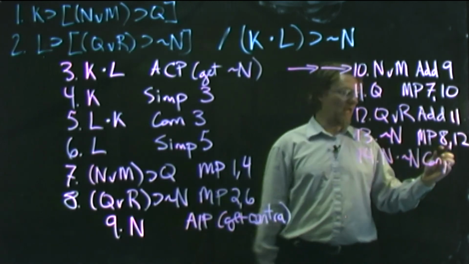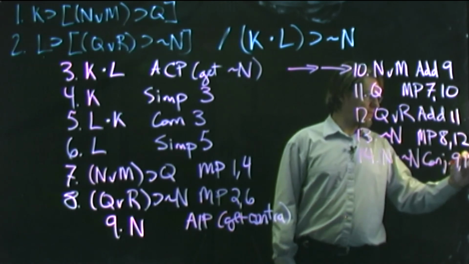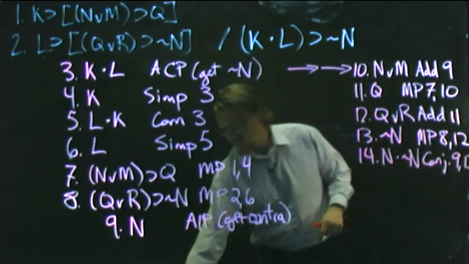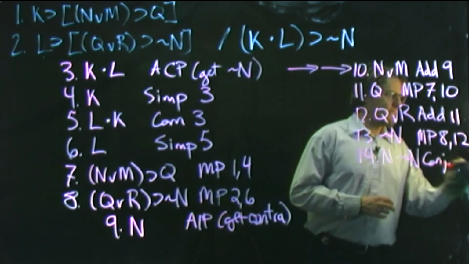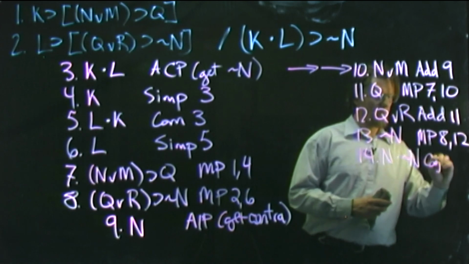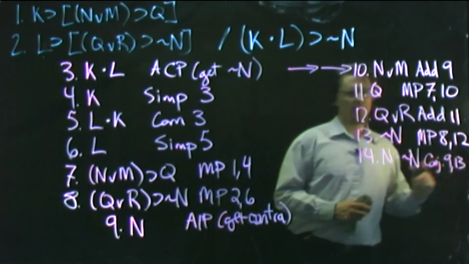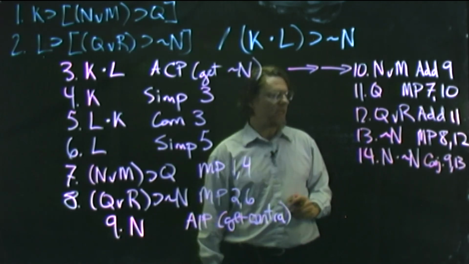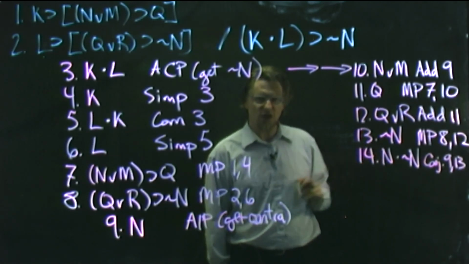So that's lines 9 and 13. Okay, conjoin lines 9 and 13 to get n dot tilde n. And guess what? Of course, that's a contradiction.